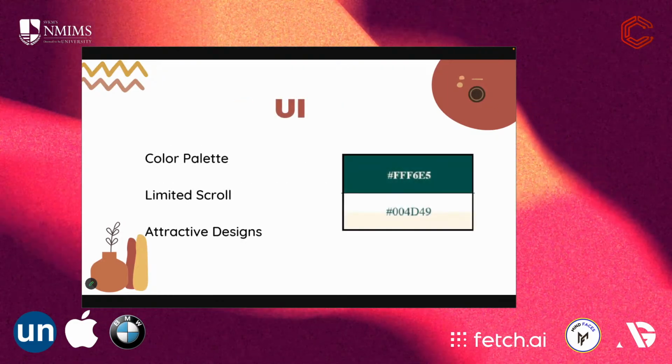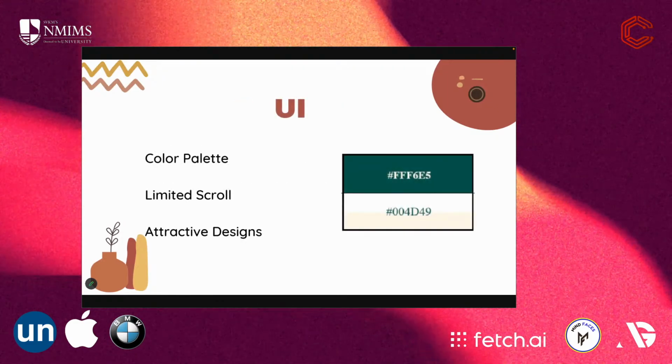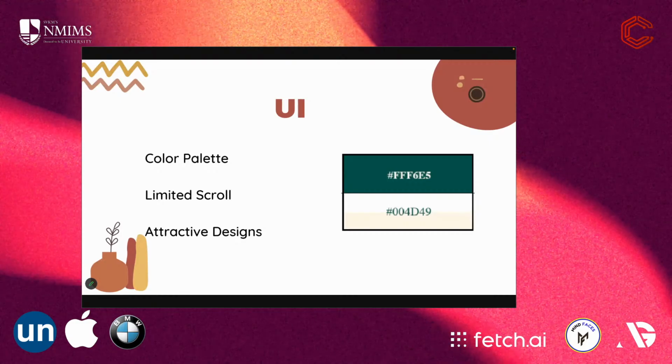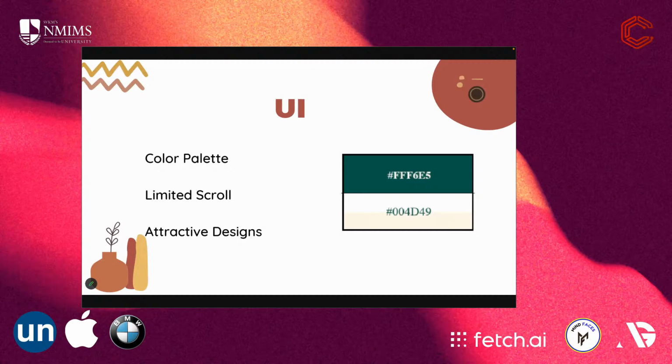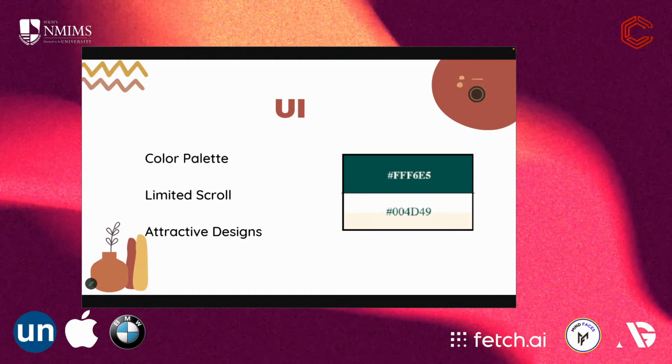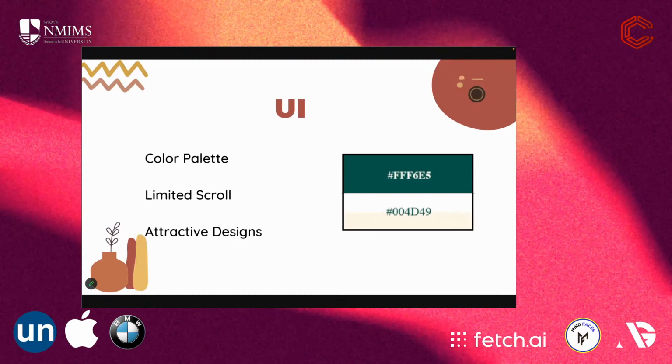According to the problem statement, we have to make a user-friendly website. And when it comes to a user-friendly website, the first thing that comes to mind is the color palette. So we have made use of two color palettes.